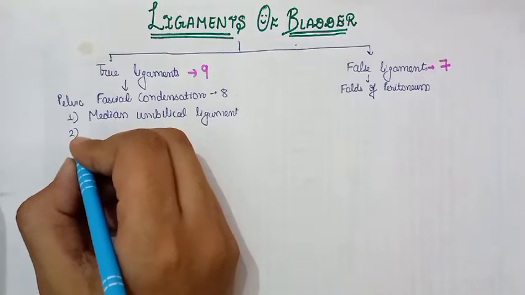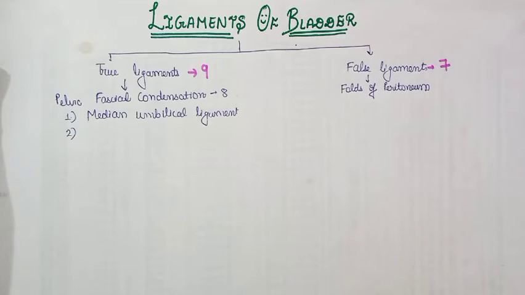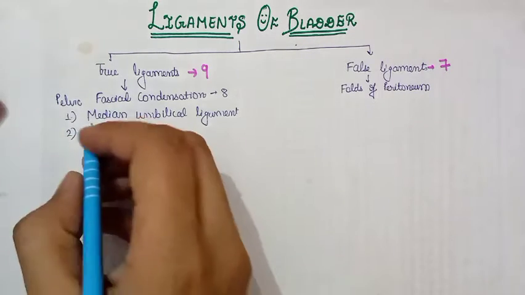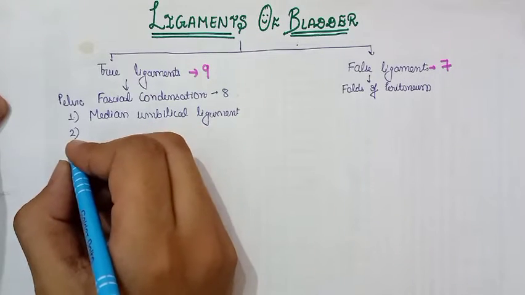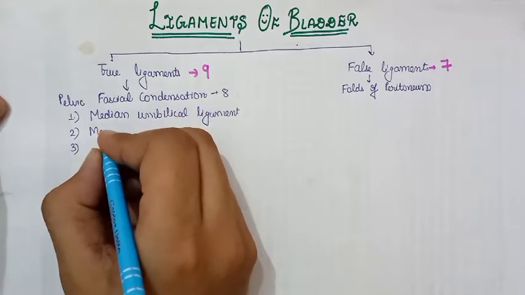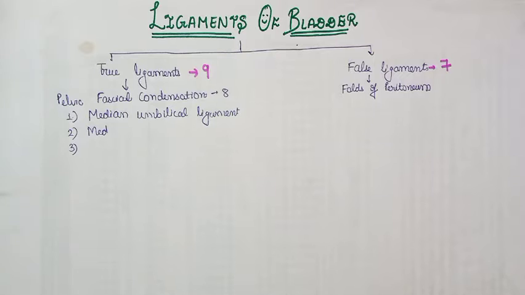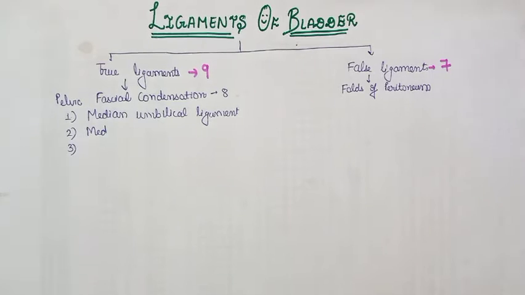Second, we will talk about the medial puboprostatic ligament and the lateral puboprostatic ligament. If you have problems remembering it, then wait till the end, because we are going to make it simple with the help of diagrams. And it's not the difficult kind like that of books. It's going to be quite simple and easy to understand.